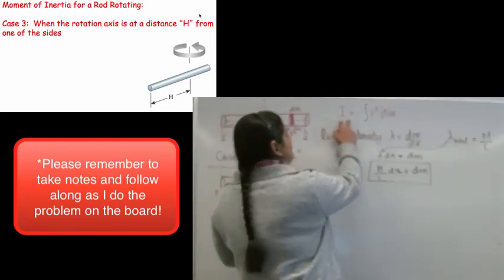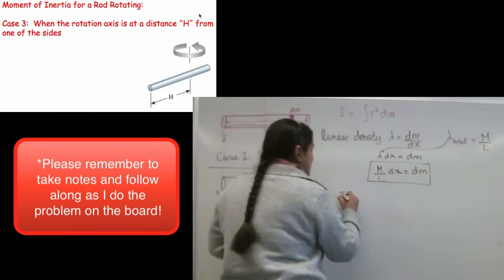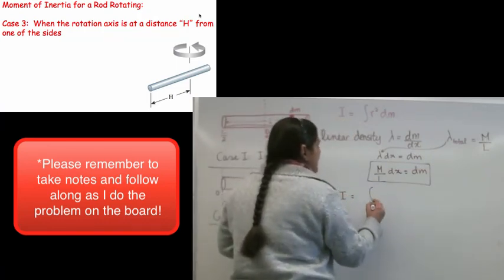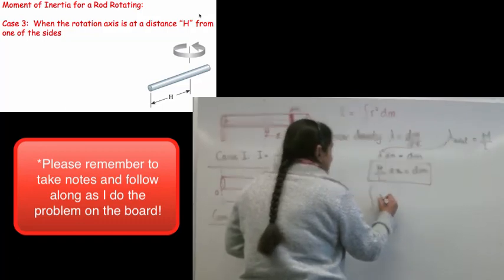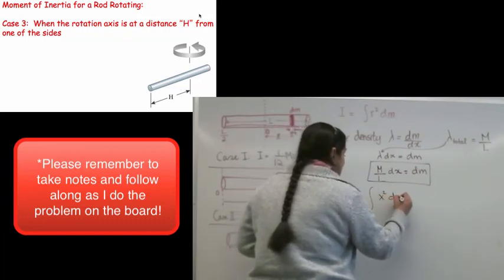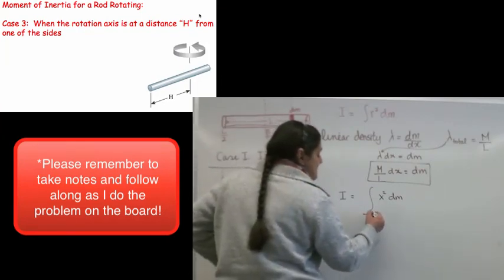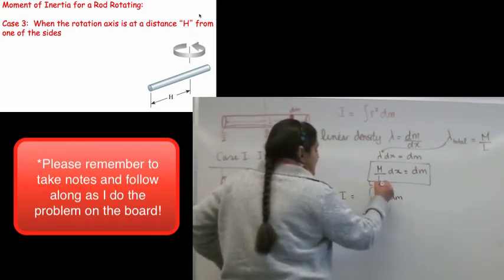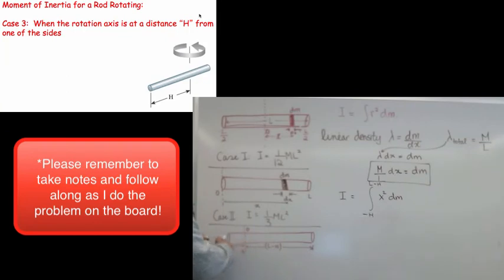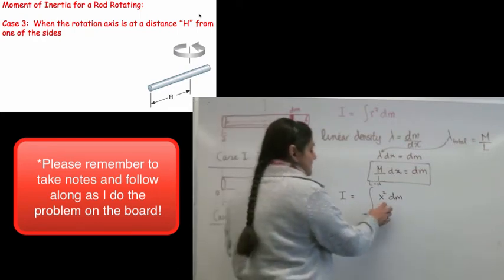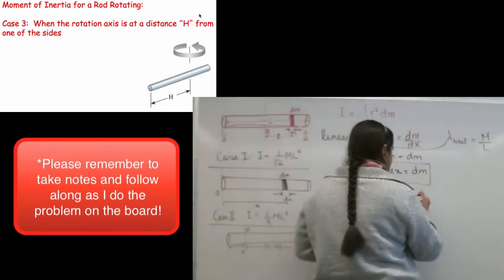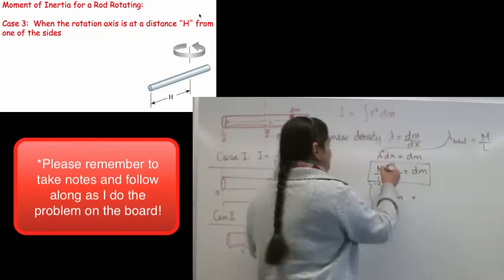If I rewrite this expression, it will still be I equals integral of x squared dm, but in this case, my limits of integration will be from minus h to L minus h, right? So it goes from here to here, and then from here to here, right? Okay. So if I integrate these, what will I get? Well, I'm going to just plug in these values.